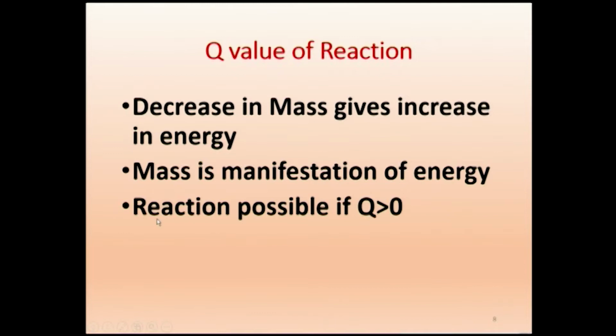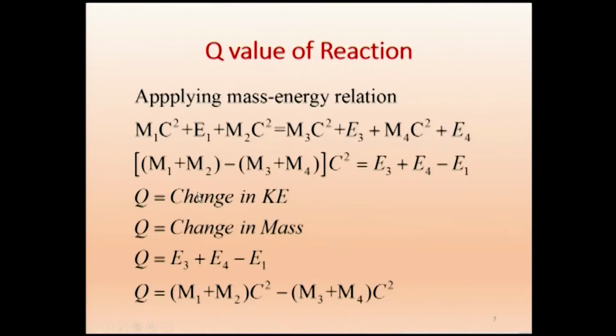Only when Q is greater than 0 does any reaction become possible, which means the initial mass must be greater than the final mass. Then only that particular reaction becomes possible.